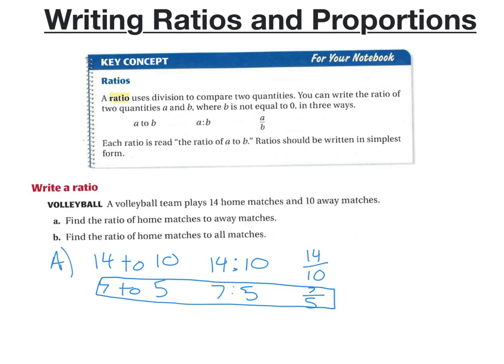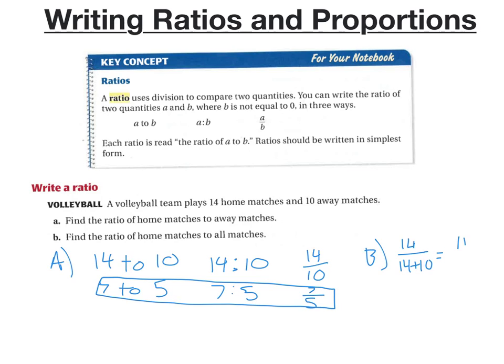Now for B, I want to find the ratio of home matches to all matches. So, you know what, I'm just going to simplify it once this time. So I'm just going to write this one as a fraction. Now I know that I have 14 home matches, and it says to all matches. So in my denominator, I have all the matches together, 14 plus 10.